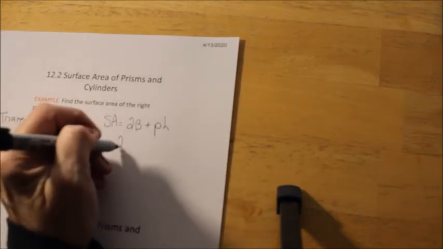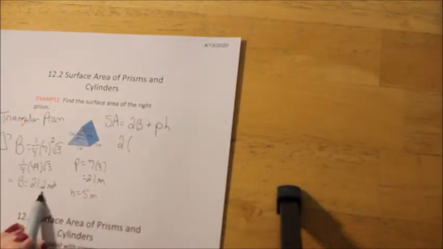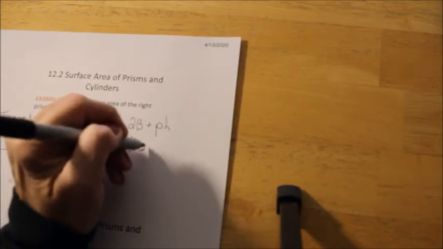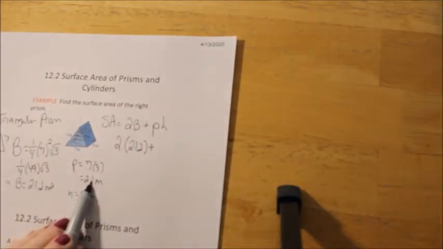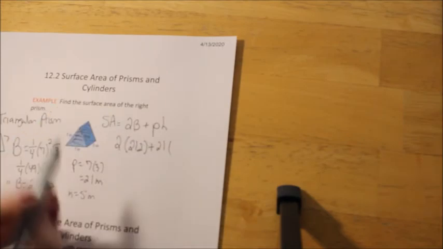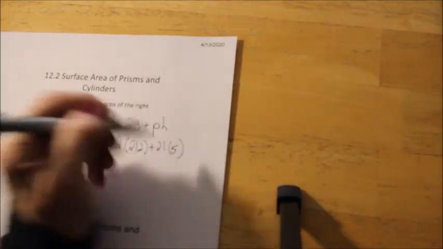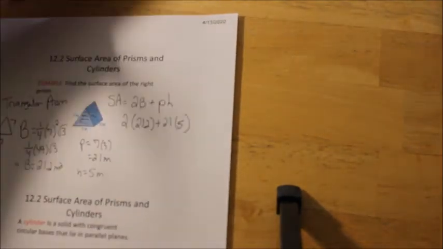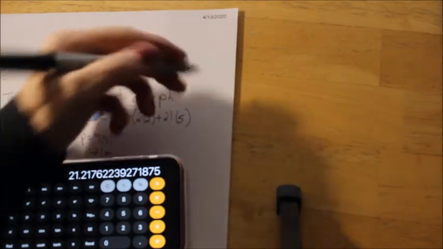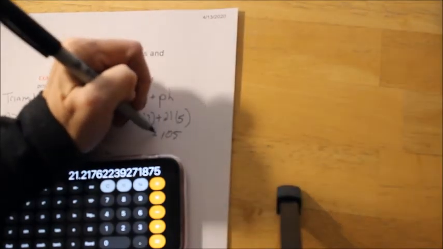So now we're going to fill it in. 2 times 21.2 plus the perimeter of the base, which is 21, times the height, which is 5. Okay, and we can go ahead and calculate that out. So I know this is 105.